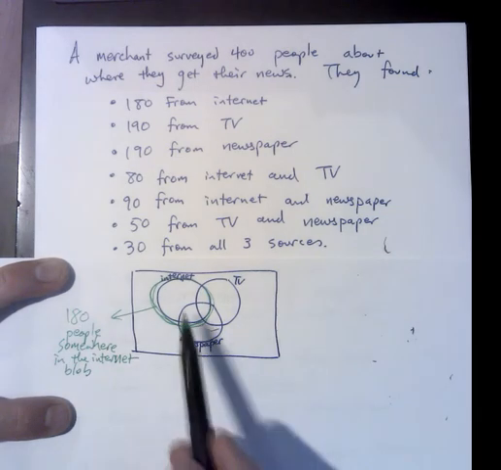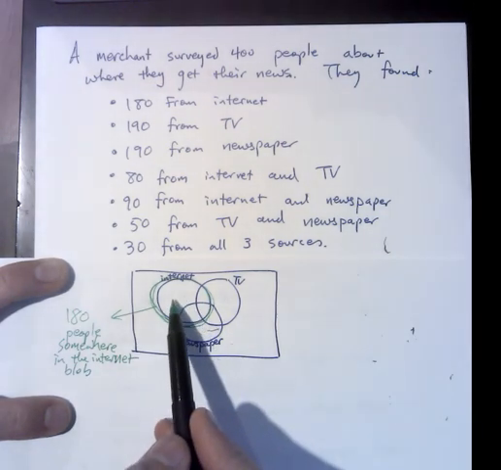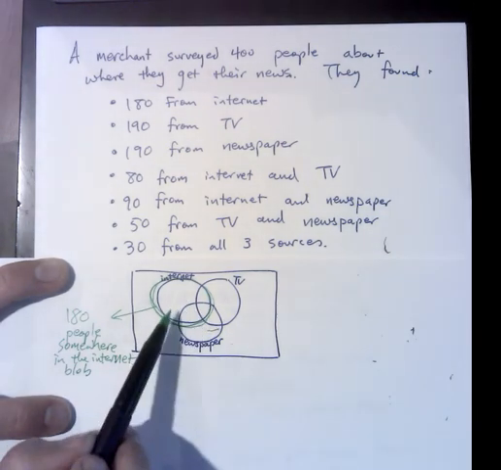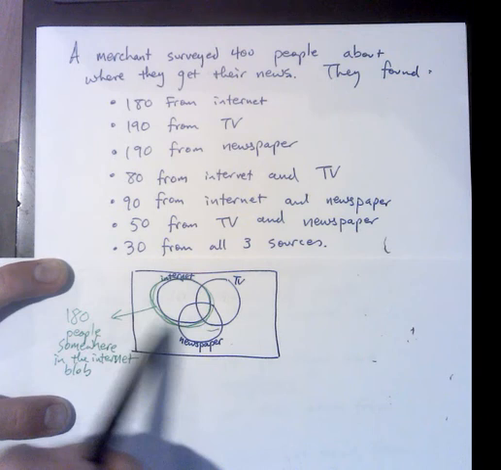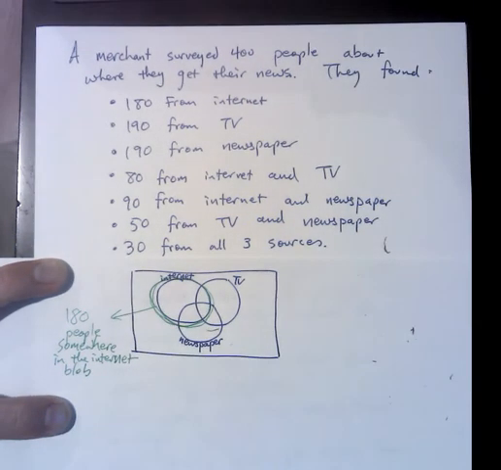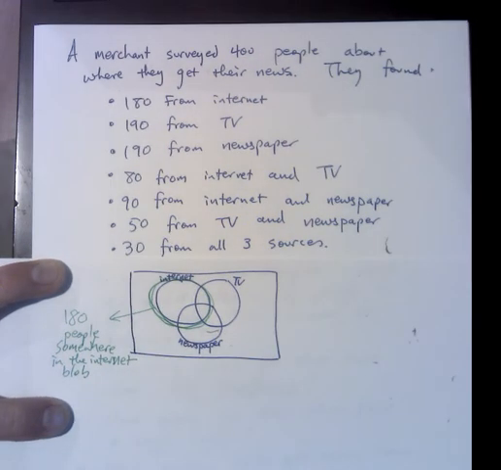I don't know how many people should go out here, meaning that they only get news from the internet. I don't know how many people should go in here, meaning they get their news from the internet and also the TV. So I don't know how to distribute those 180 people just yet. We're going to have to fill this information out very carefully.